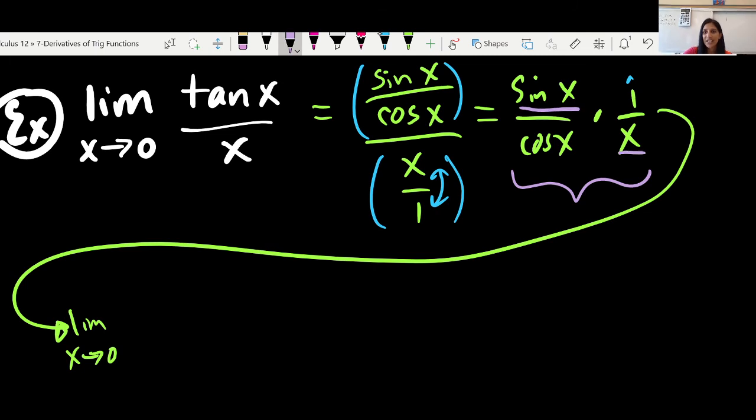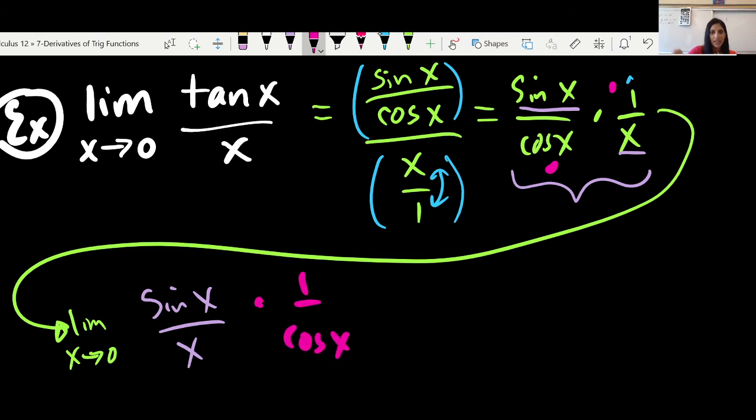Notice that I can take the sine x over x, and I can clump them together because I know that that will allow me to simplify things. Then the other part, what that leaves me with, is this 1 at the top over cos x. I'm going to just write that here, 1 over cos x.